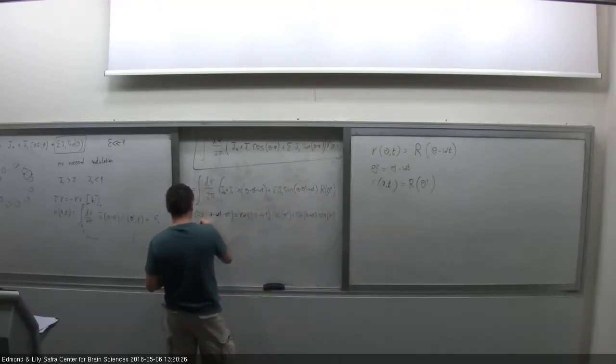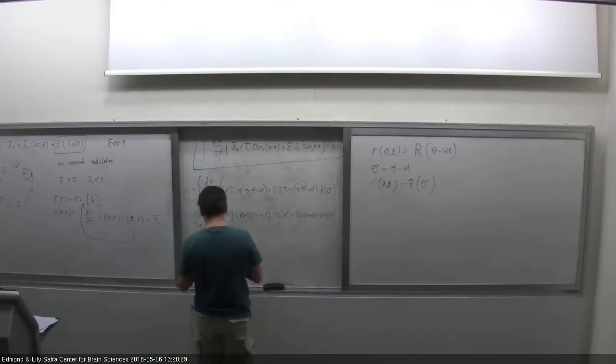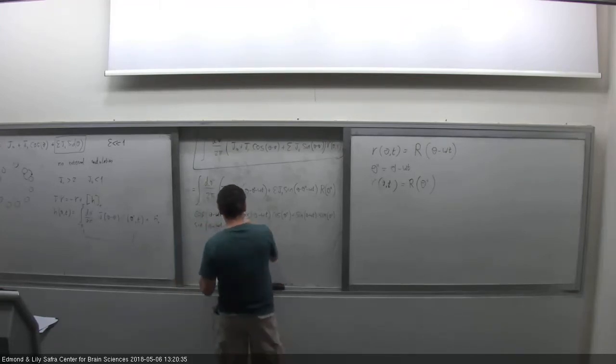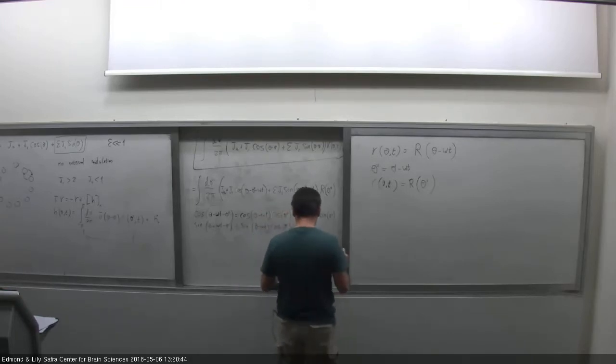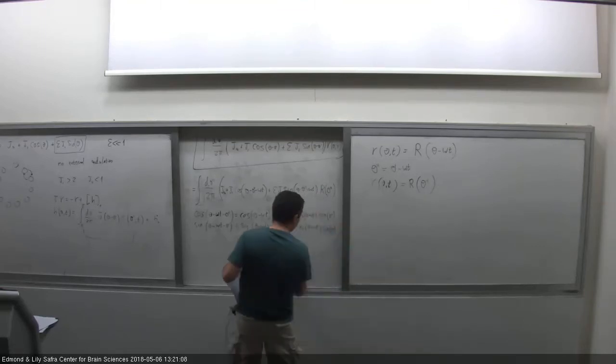And similarly, we have a term for sine. Sine of theta minus wt minus theta prime prime is equal to sine of theta minus wt cosine of theta prime prime minus cosine of theta minus wt sine of theta prime prime.